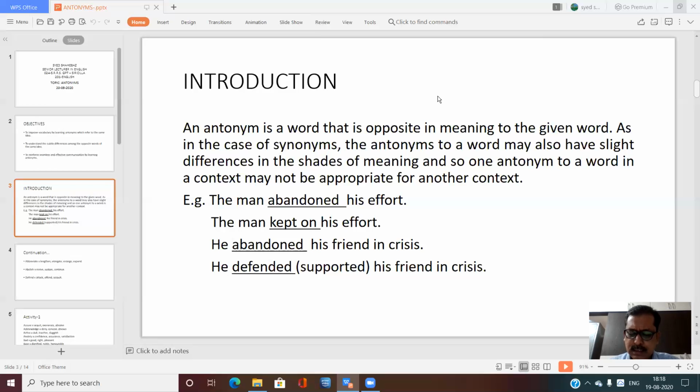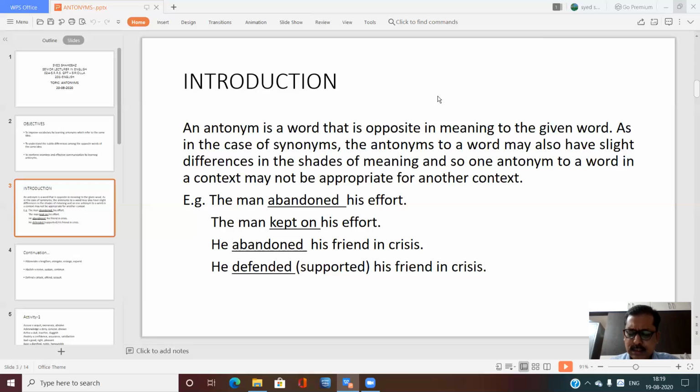Again, as in the case of synonyms, antonyms also have metaphorical, symbolic meaning. If a word is used in a metaphorical meaning, its antonym also has a metaphorical significance. This is best explained in the Upanishadic statement, Tamaso ma Jyotirgamaya, which means lead me from darkness to light.